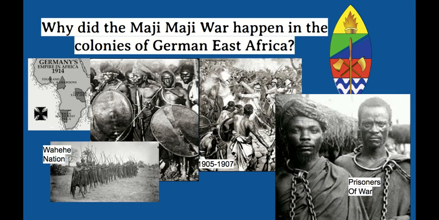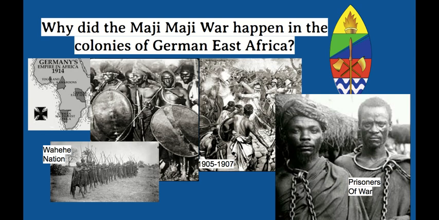As a result of this 2-year war, 250,000 Tanzanian casualties, and also another untold number of prisoners of war were taken. As opposed to on the German side, the German Schutztruppe, there were 15 casualties. So 250,000 casualties versus 15, plus an untold number of prisoners. Why did this happen?